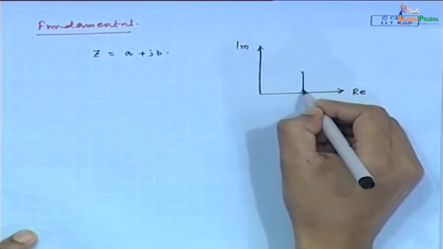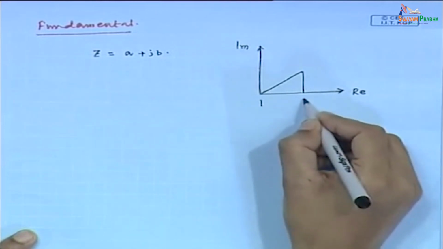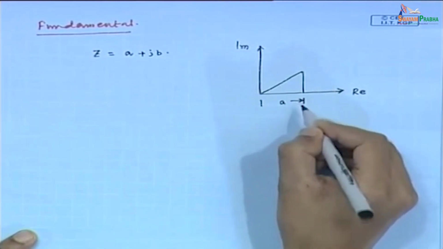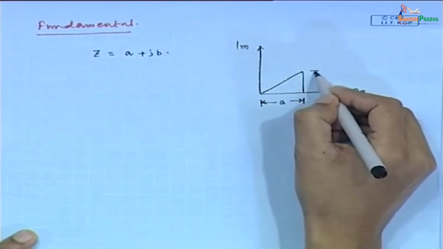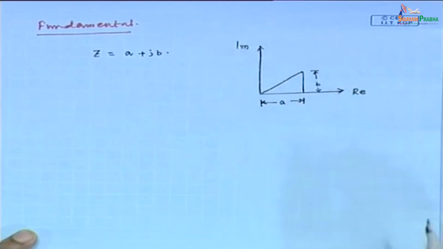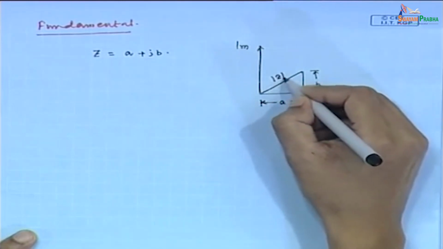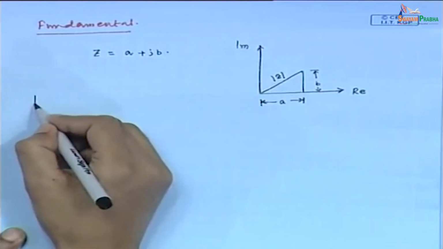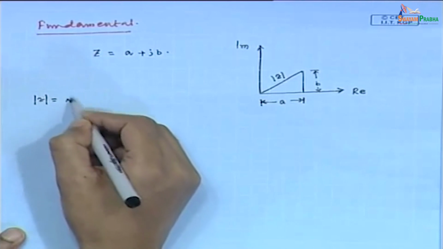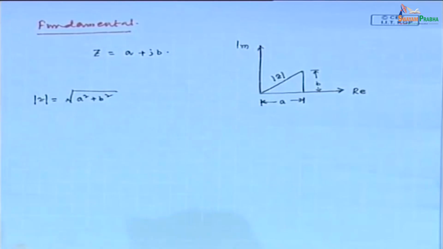So, this is the real part A and this is the imaginary part B. Now, the magnitude of Z we can find as magnitude of Z equals root over of A square plus B square.